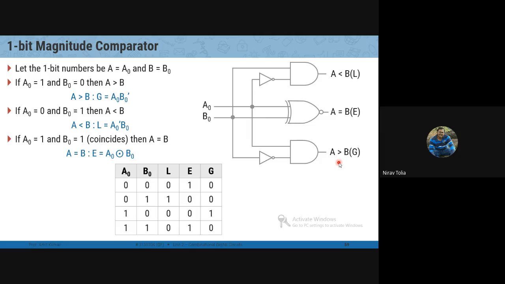Anyone having any doubt in a one-bit comparator? If anyone has any doubt, you can unmute yourself and ask me a question, or ask me in the chat session. And if it is clear, please write down clear in the chat session.